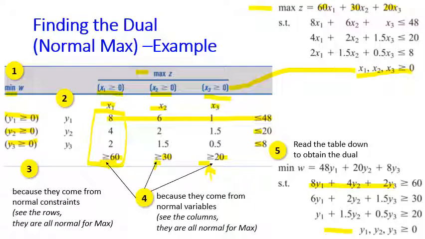And then for the objective function, minimize w equals, again, when we are reading the dual, you just ignore the original sign of the primal constraint and you just read it down: 48 times y1 plus 20 times y2 plus 8 times y3. So that is our dual LP.